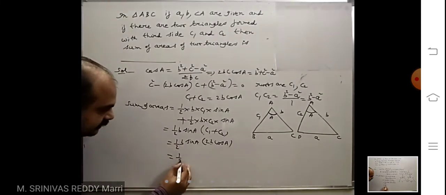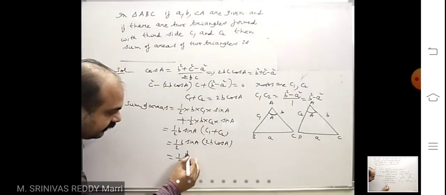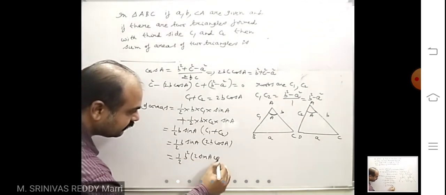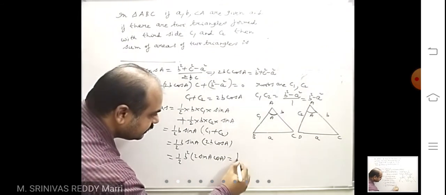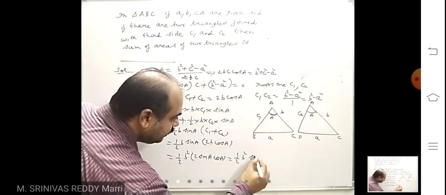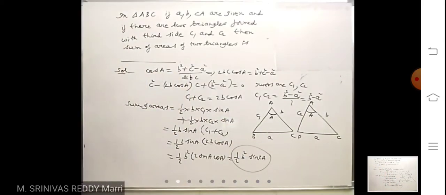That means half into b² into 2 sin A cos A. Club this. So this is the answer: half b² sin 2A. Like that your approach must be.